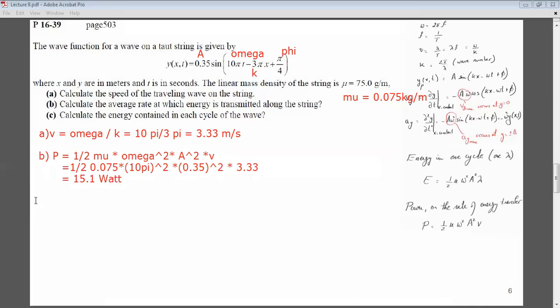Okay, the last part, calculate the energy contained in each cycle of the wave. So the energy is P times the period, or I can use this formula. Actually, to make it easier, we can calculate the period.